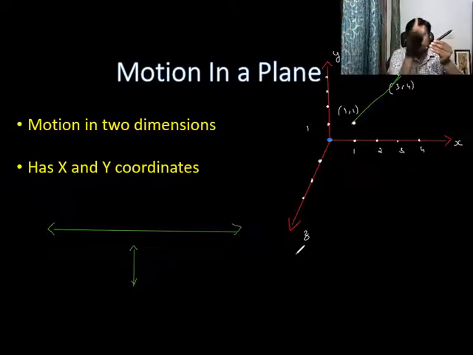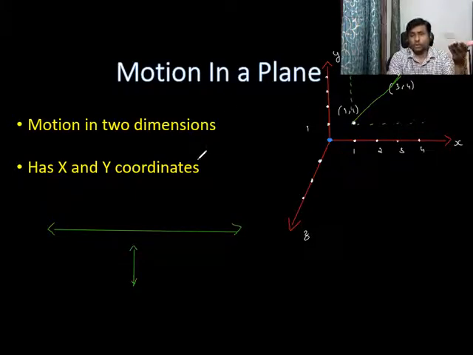Then the pen has gone up and the pen has gone along the horizontal, which means there's an effect of force along the vertical and along the horizontal. So the body is moving both along the horizontal and along the vertical. If this happens, this is motion in two dimensions.